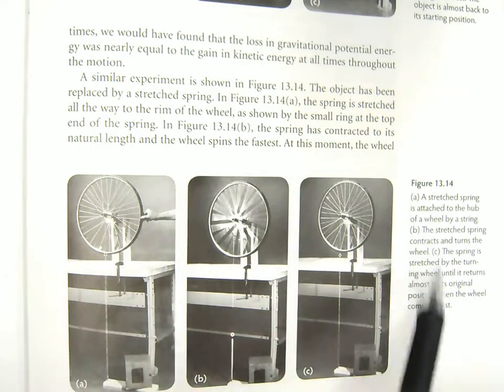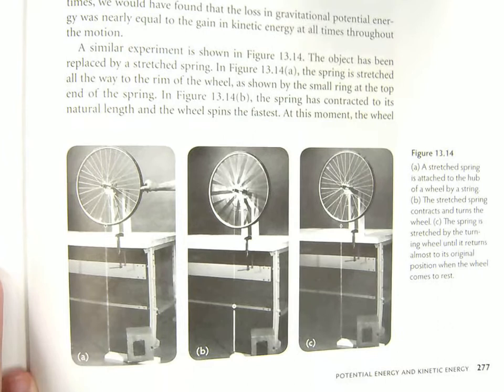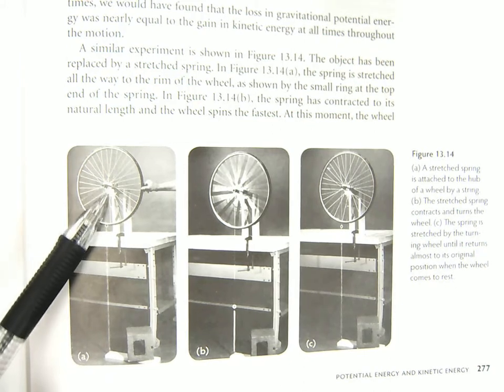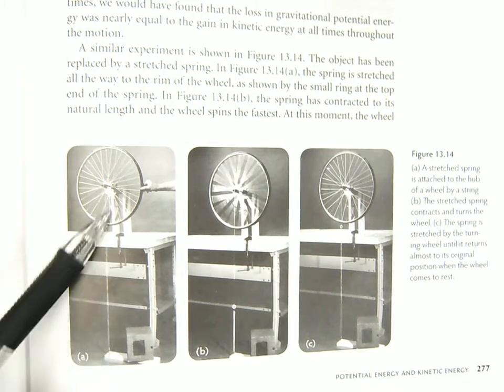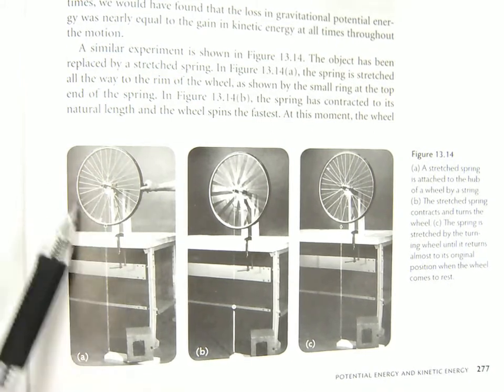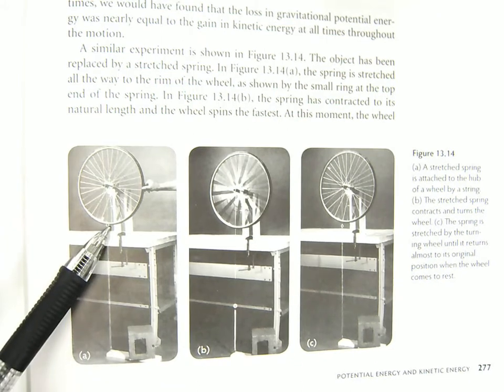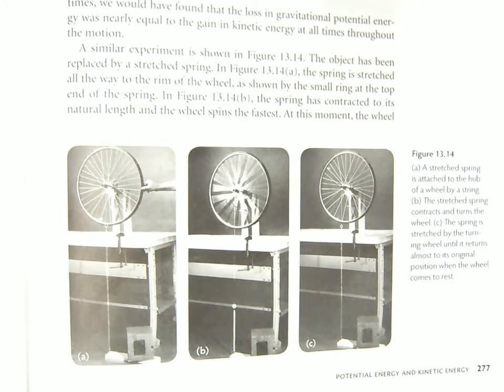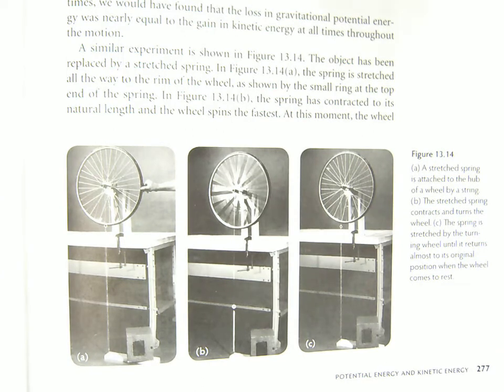But they're just showing, again, yet another way of how energy can transfer from one form to another. Because with this wheel, what they have attached to the wheel is a spring. So when they stretch the spring way up here, it's got all of this elastic potential energy, because stretching it is increasing its stretch. It's the force that you're applying to it.